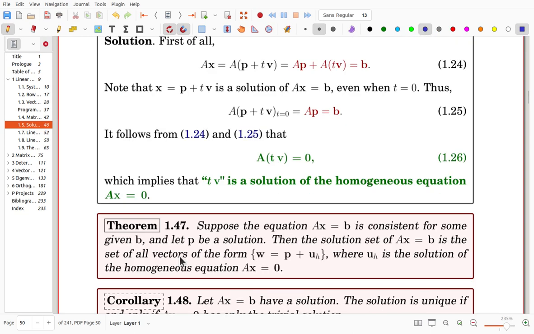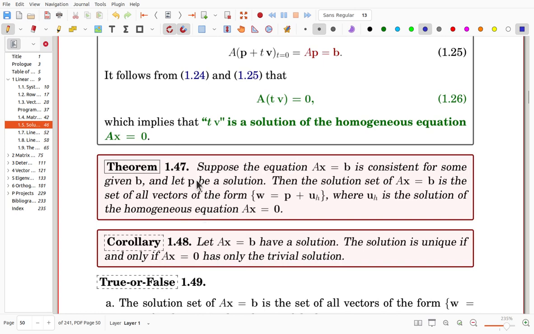In general, we can claim this. Suppose the equation Ax equals b is consistent. First of all, the system should have at least one solution, consistent for some given b, and let p be a solution.